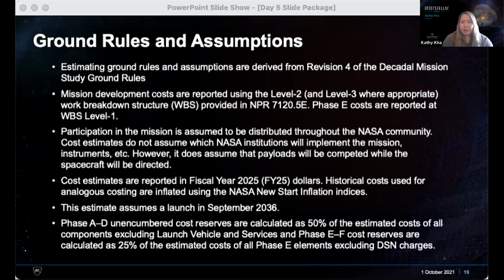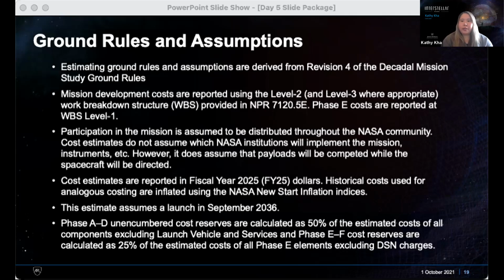For phase E, we are currently only at the level 1, so the complete phase E level of detail. We don't have a WBS breakdown for that yet. That is something that we are working on and would like to get to. But for now, based off of the tool that we selected to estimate phase E with, we are only at the level 1 level of detail.